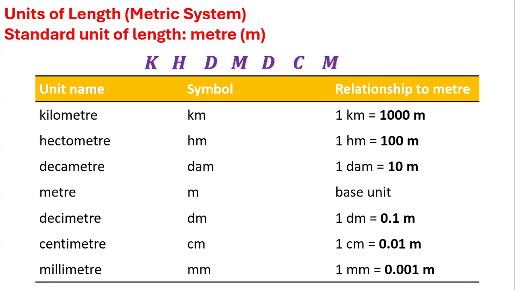So let's go ahead and begin with this question. It says we want to convert the following units as indicated. We have 6,075 meters, and we want to convert that into kilometers.